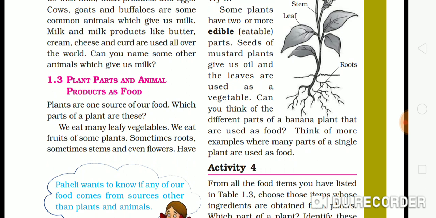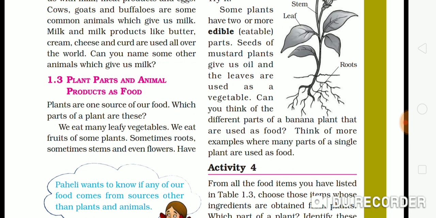Now we come to the leaves. Children, the leaves of the plant are also eaten. Can you name some leaves which are eaten by you? Think. Spinach, coriander leaves, basil or tulsi, mint, cabbage.